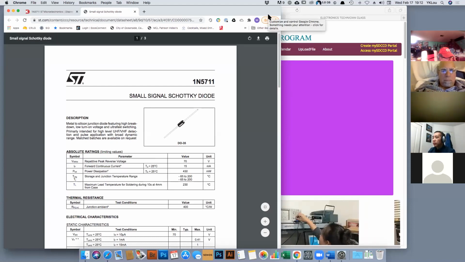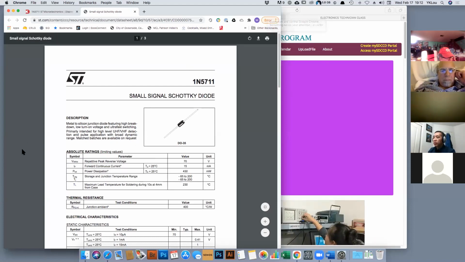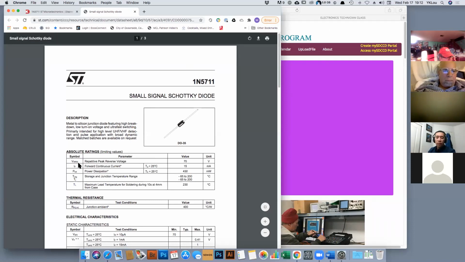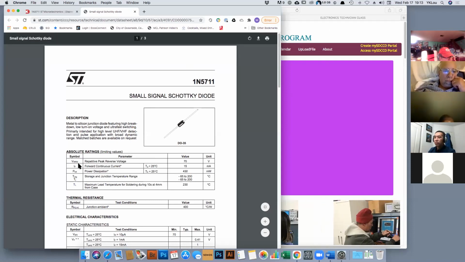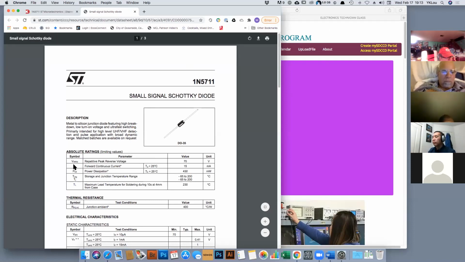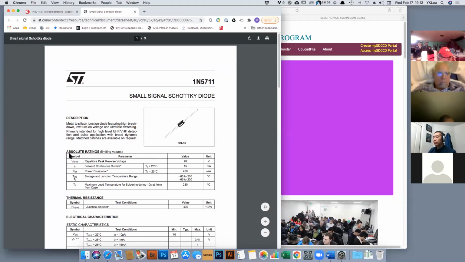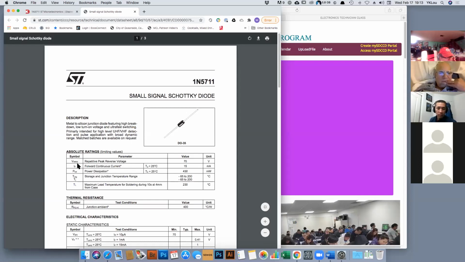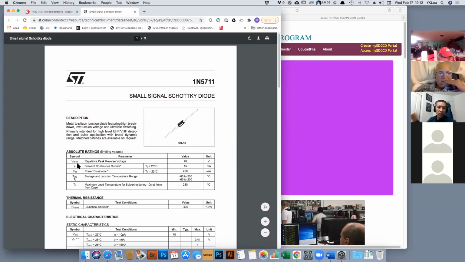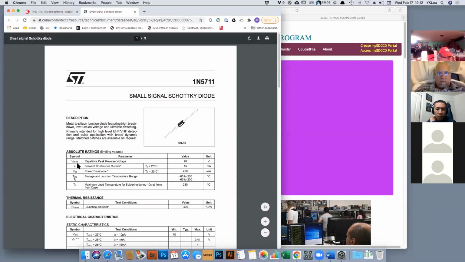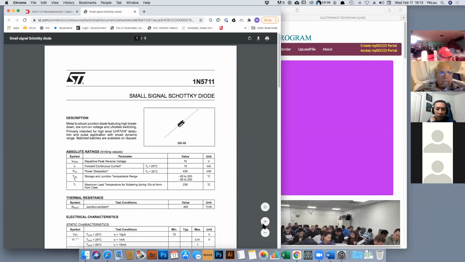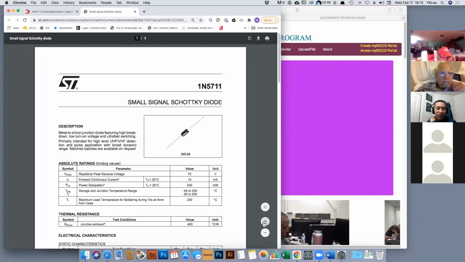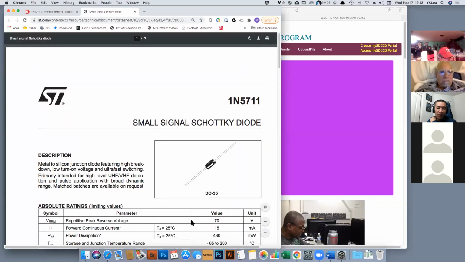So Mr. Pham or Sam, when we talk about the Zener diode's voltage on the data sheet, would that be this number here, this VRRM of 74? That's a V max, right? Sorry, can you zoom in? Go ahead and zoom in a little bit more so it's clear. Okay, right there, it's good.